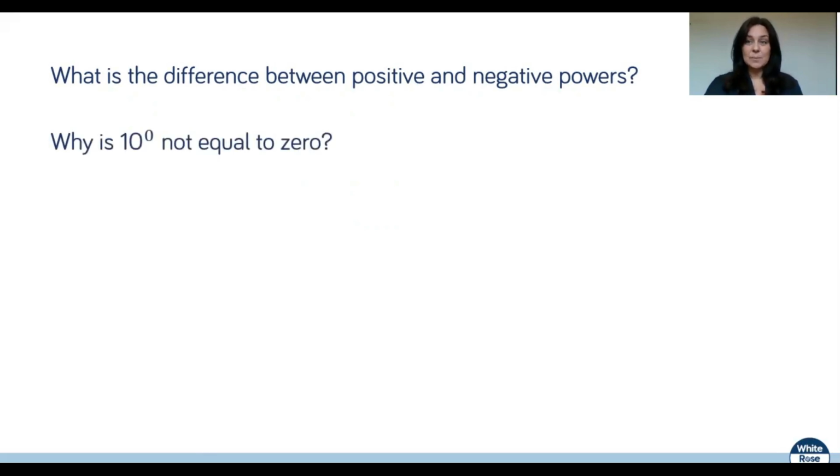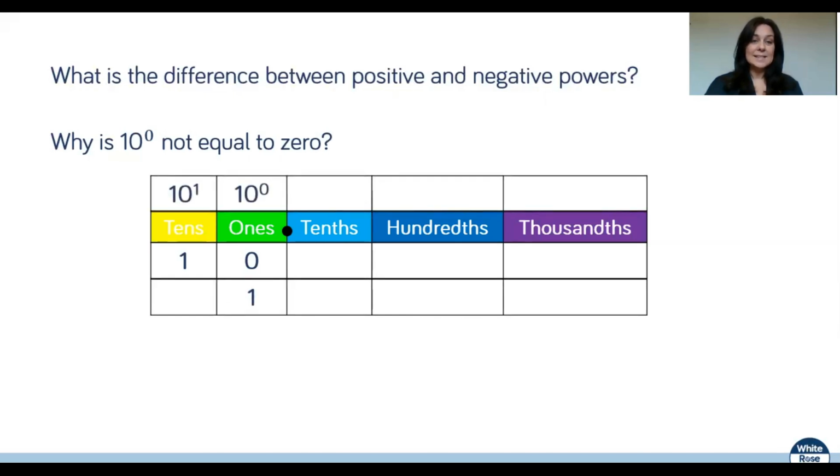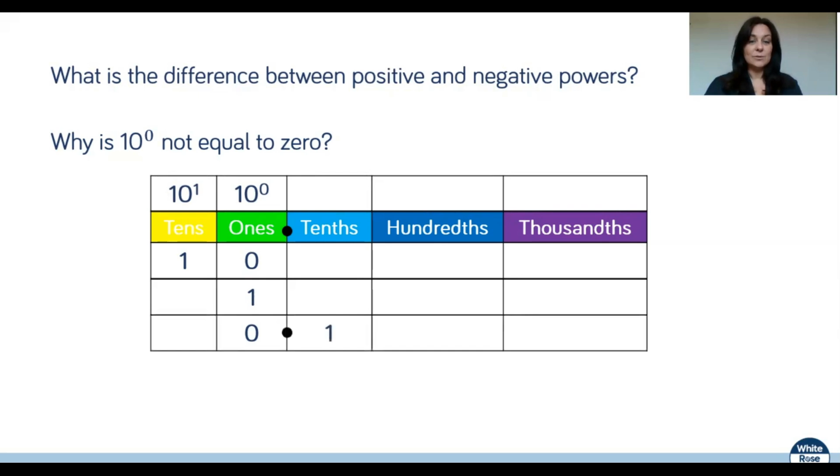So again, to help them understand this and really anchor their knowledge, I'm going to use a place value grid. So I can see that I've got 1 in the tens and 1 in the ones, and I can link that to 10 to the power of 1 and 10 to the power of 0. But what happens if we go beyond that decimal point to the right? Well, I've got 0.1, which is tenths, which is 10 to the power of negative 1.